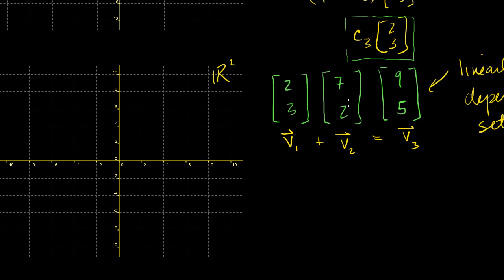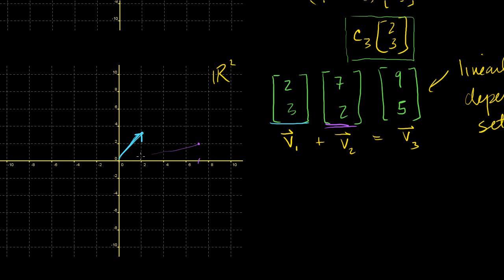One of them definitely will be redundant. For example, if we do the vector 2, 3, that's the first one right there. I'll draw it in standard position. And I draw the vector 7, 2. So 7, 2, right there.